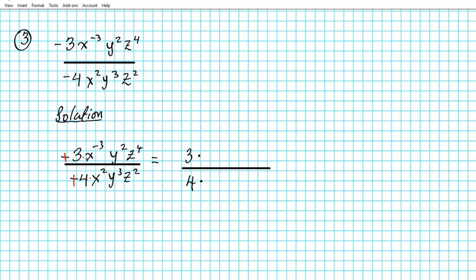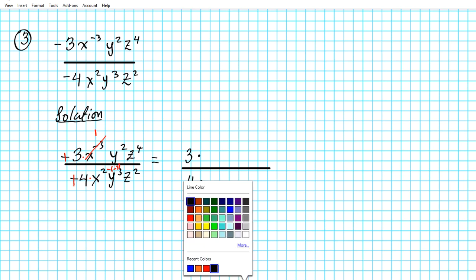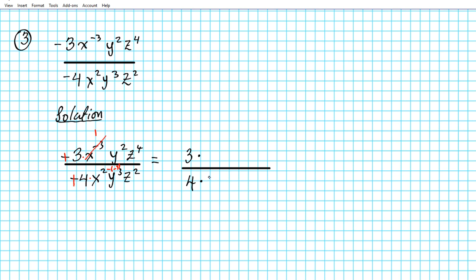So x to the negative 3 goes into x to the negative 3 one time, and then here is going to be minus negative 3. Okay, so let's write it over here. So you're going to have times 1 on the top, and then in the bottom is going to be x squared minus negative 3. So we are subtracting a negative number, minus negative 3.